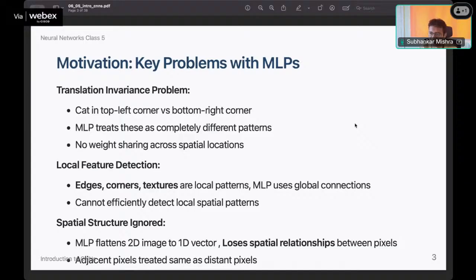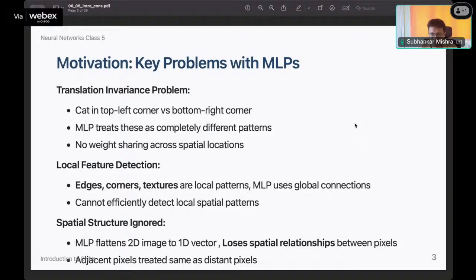It's like trying to understand every word individually rather than phrases. Phrases are important in language. Similarly, a portion of pixels is important for images. So what do we need?